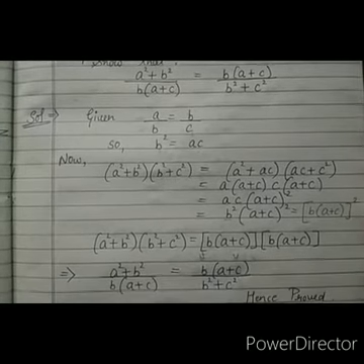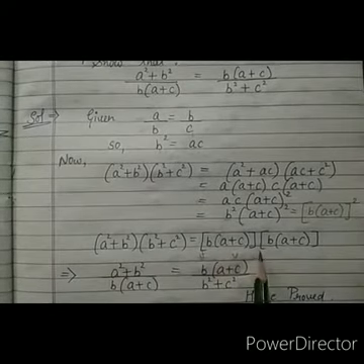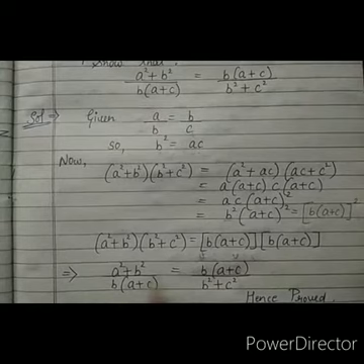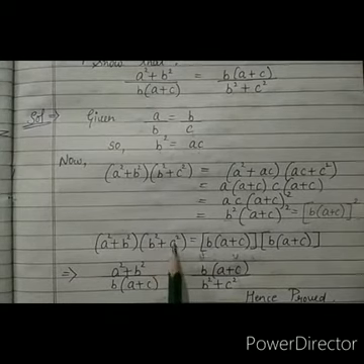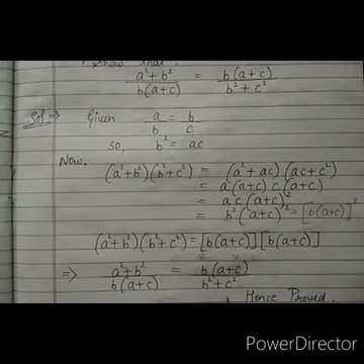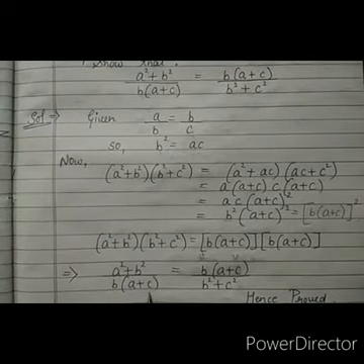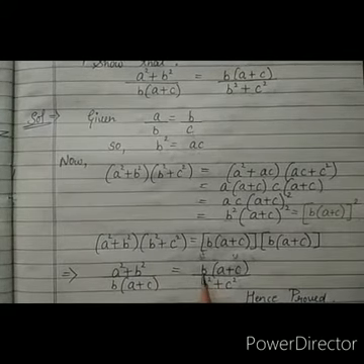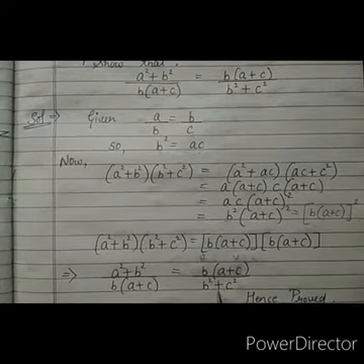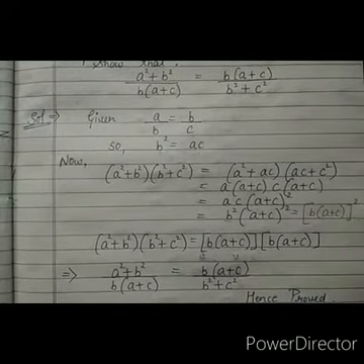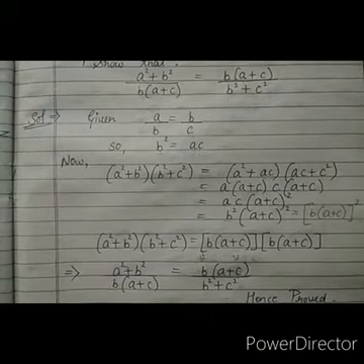Now when we take B (A plus C) to the other side of equals to, and this (B square plus C square) to the other side of equals to, then we will get (A square plus B square) upon B (A plus C) is equal to B (A plus C) upon (B square plus C square), which we have to prove in the question.